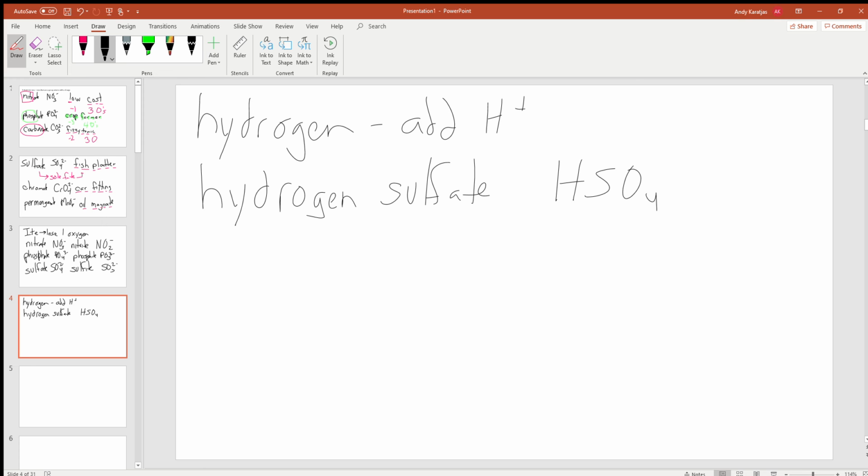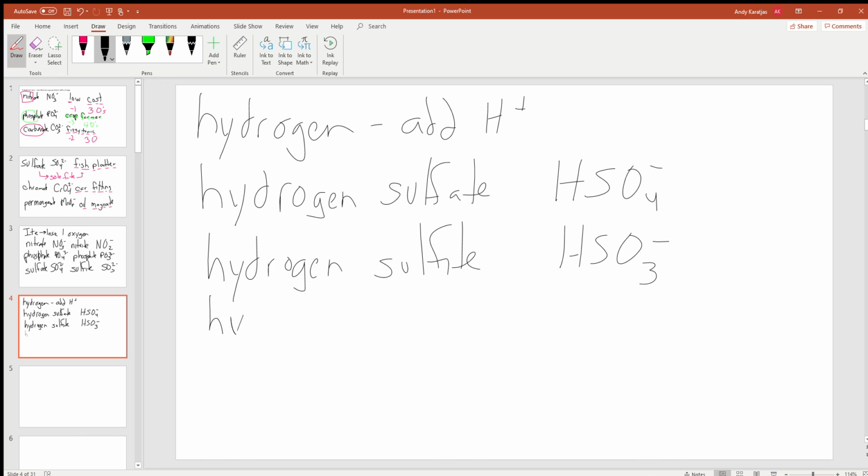We're also adding the plus, so this becomes -1. Hydrogen sulfite, HSO3-.